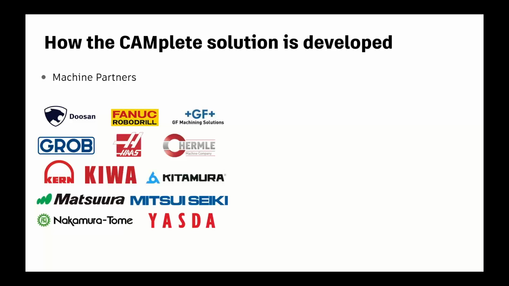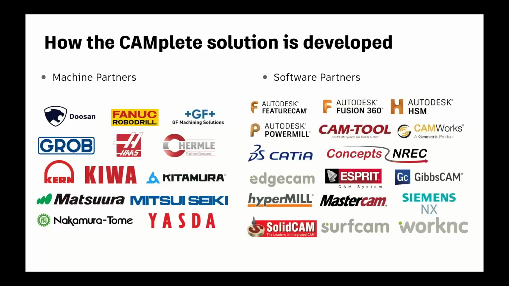To be able to do this over the years, CAMplete and now Autodesk have worked very closely with specific machine tools to have that primary information from the right sources to support the entire machine line, but also to work with Autodesk and other CAM system vendors, so that users have the flexibility to use the most appropriate tool for the job to be completed.